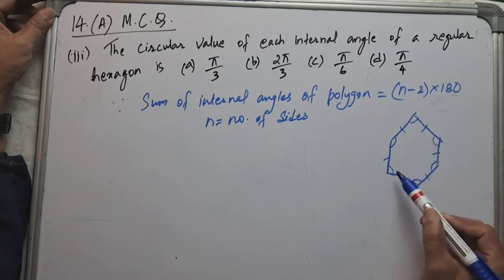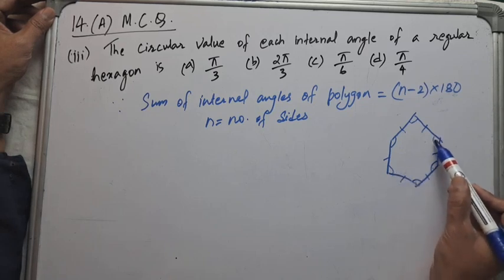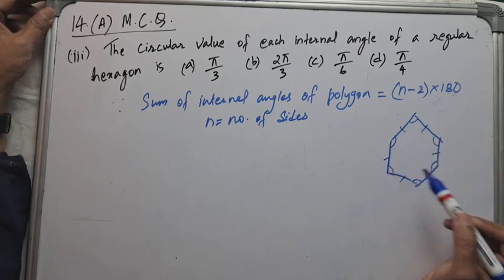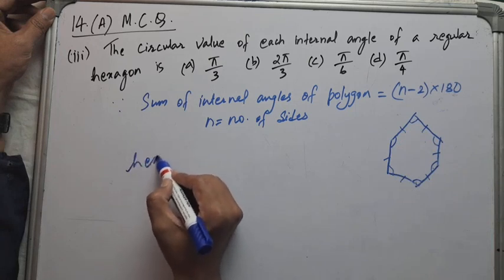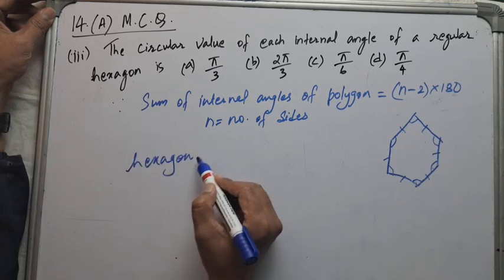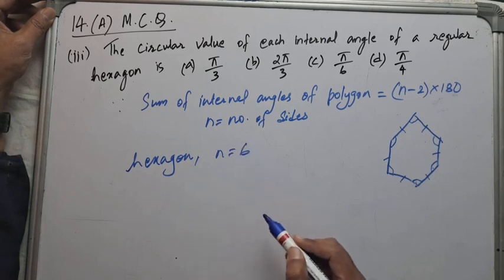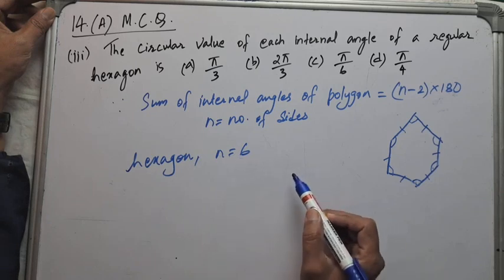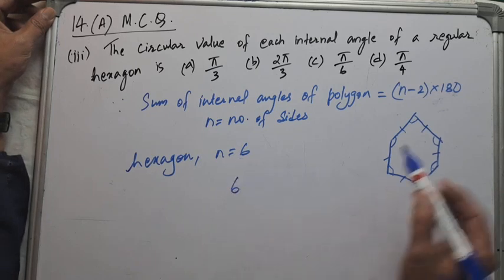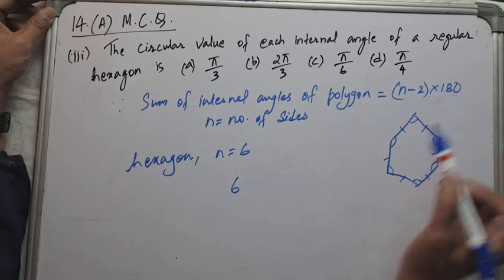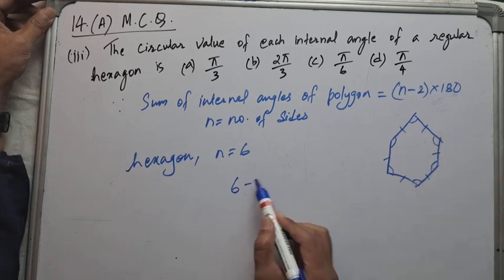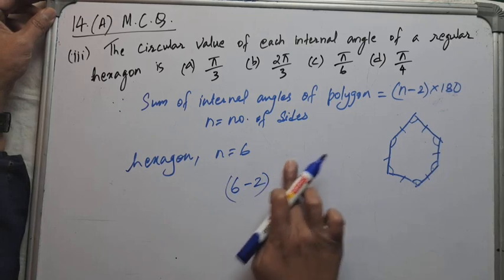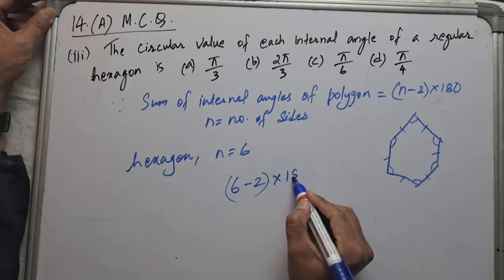Sum of all the internal angles 1, 2, 3, 4, 5, 6. When we add all the internal angles, in case of hexagon, hexagon means 6-sided, isn't it? n equal to 6. So the sum of all the internal angles will be, formula is n minus 2 into 180, isn't it? So 6 is the number of sides, minus 2, times 180.